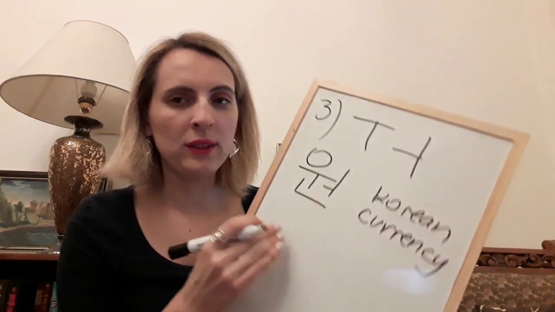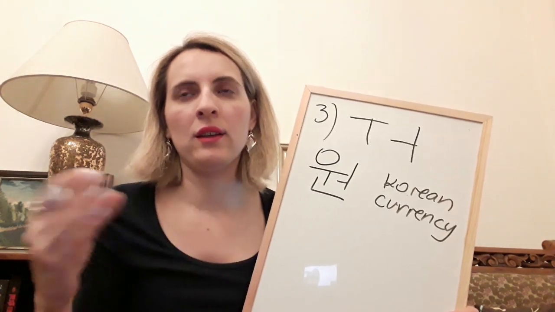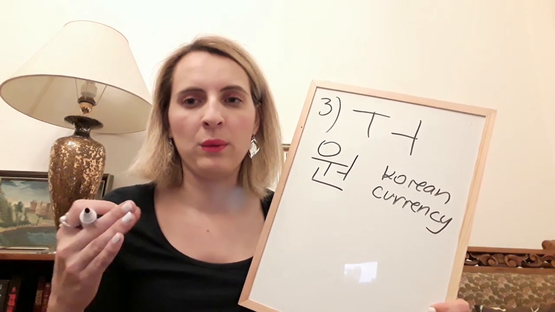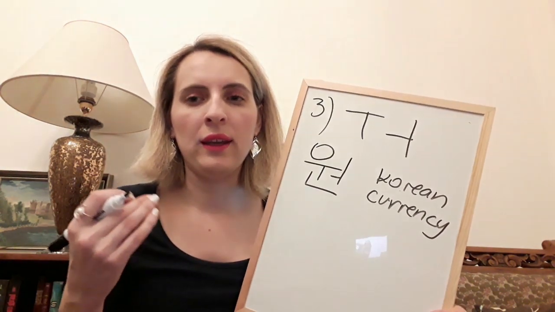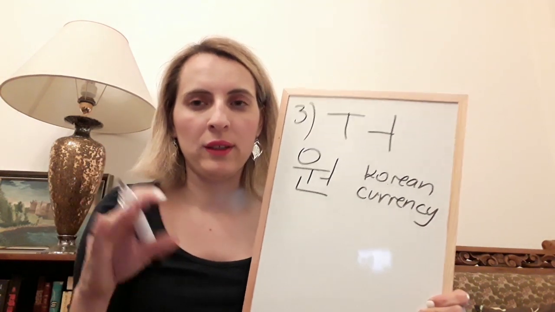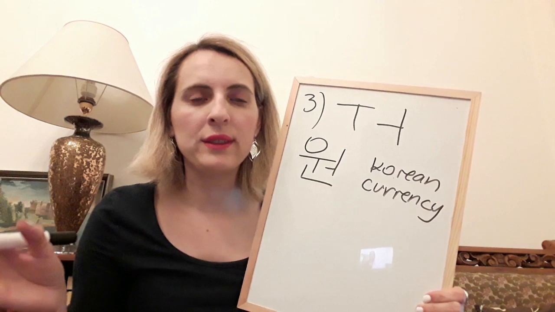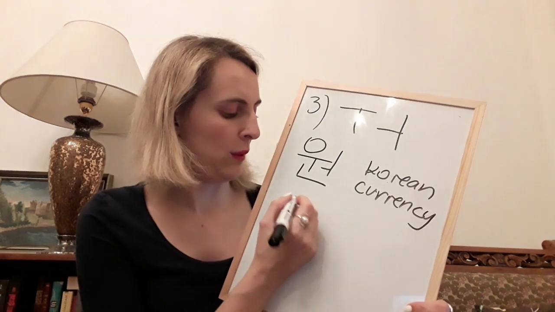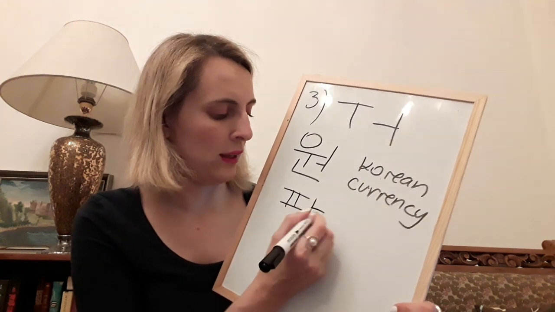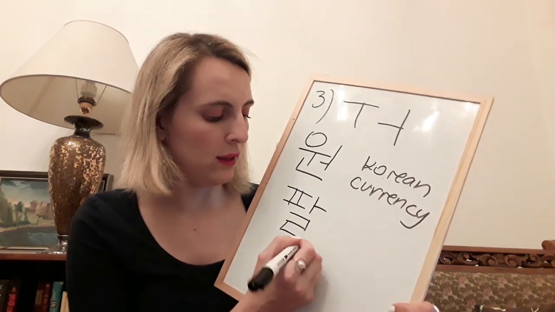Okay, we haven't learned numbers yet, but I told you that hana is 1, and it isn't the only way to say the number. I told you that there are 2 ways of saying numbers, and I will explain that in the next videos. But we will now learn one of the ways to say 8, and it is pal.